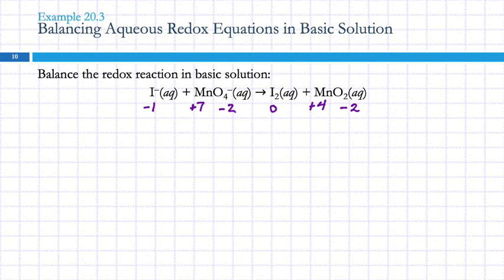Okay, half reaction time. I minus, MnO4 minus. So here I have iodide ion, so I'm going to choose to put the iodine molecule on the other side.